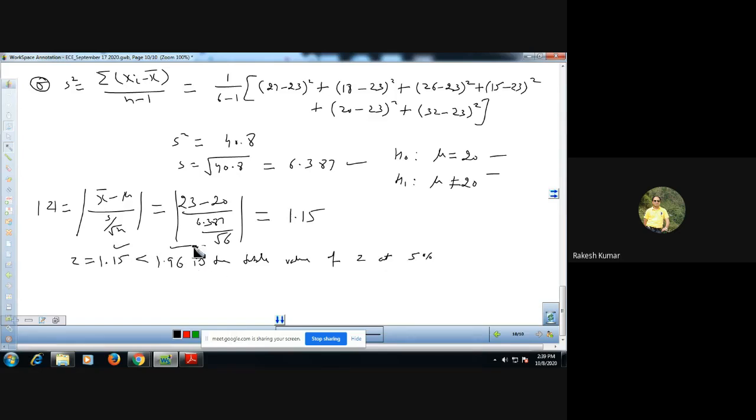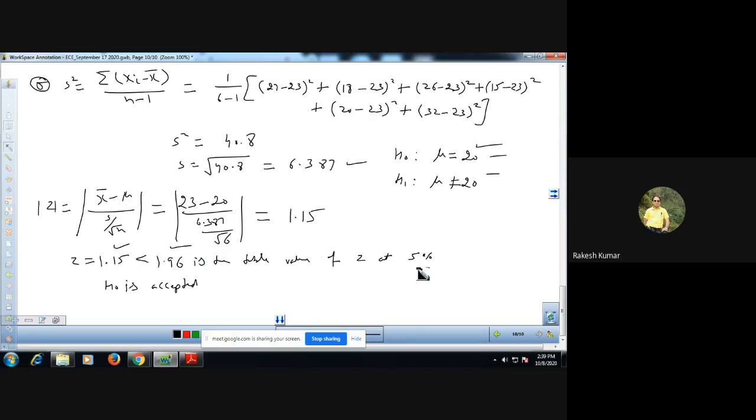Calculated value is less than table value, so the null hypothesis is accepted. H naught is accepted means that what we have supposed, the claim of the company, is good. It is justified that they are saying that on an average they take 20 minutes to take the patient to the hospital.